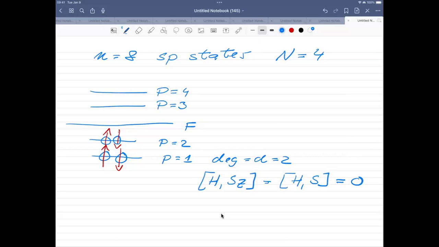And this S_z here is now going to represent the projection of the total spin on the z-axis. So in our case, this z here is going to be the total spin of the system. So it's not a single particle spin, but we are going to constrain it to cases where this one is equal to 0. And we are also going to limit ourselves to a case with no broken pair.